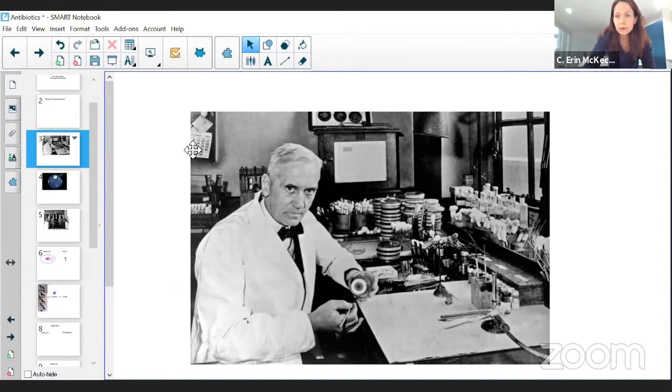A lot of times during a war, a soldier might get a wound, and that wound would become infected and the soldier might die of the infection. So during Alexander Fleming's time, this was a major concern. They didn't know how to fight off these infections. And I want to show you what he discovered.